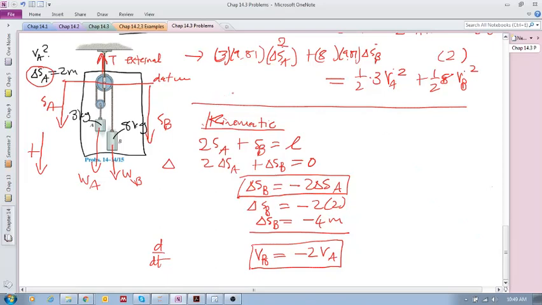So I've got 3 times 9.81 times 2 plus 8 times 9.81, and then what is delta SB here? Delta SB we calculated to be minus 4, so this is minus 4.